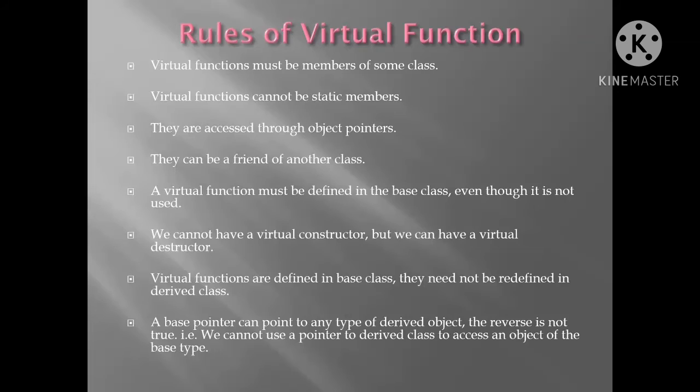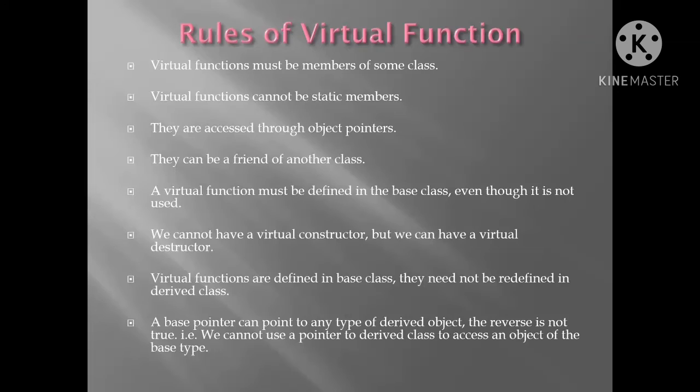That's why the rule is it can be accessed through the object pointer only. Next one, they can be a friend of another class. Yes, you can create a virtual function and that virtual function can be a friend of another class.